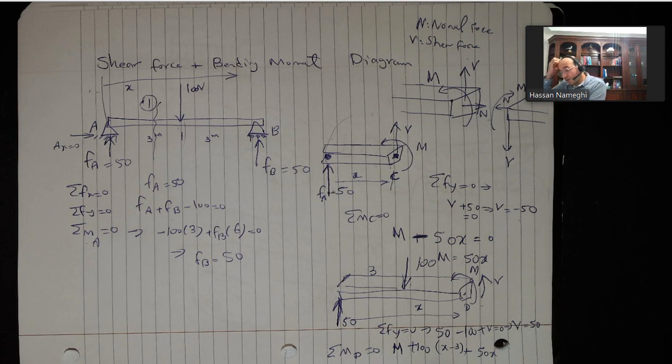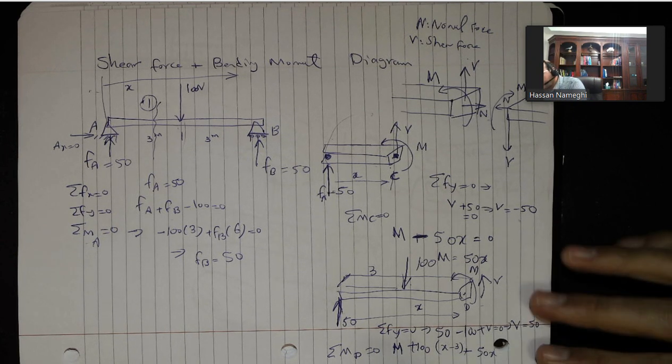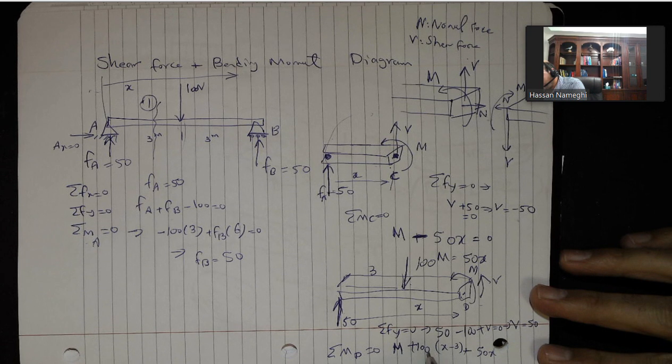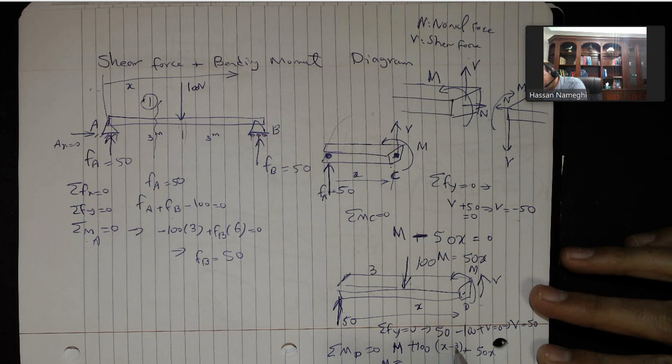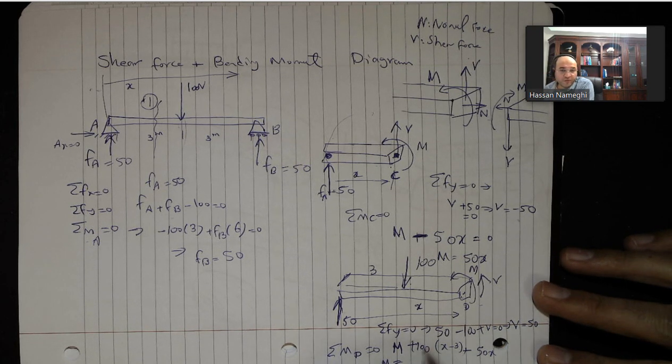So I'm going to start simplifying the equation. I have like 100, then M is equal to, so 100 times 3 will be minus 300. You bring it to the other side, this will make it positive 300.